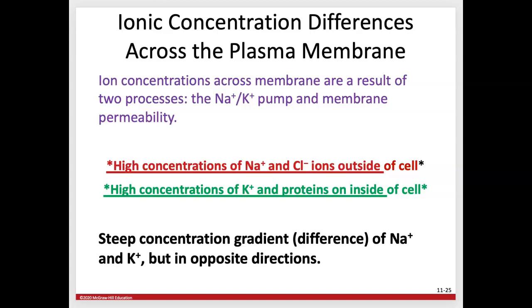These are the things that are moving back and forth across the cell membrane that increases the ability for an electrical charge to travel. So a steep concentration gradient or difference of sodium and potassium, but in opposite directions.